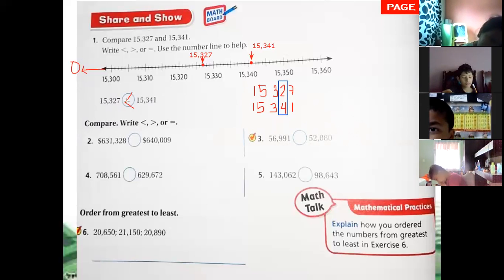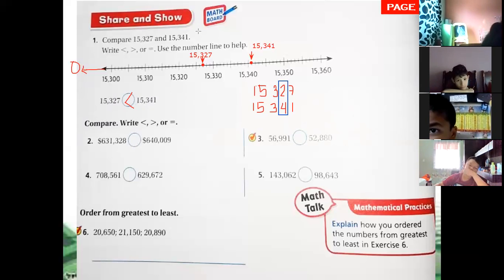Because when I ask what is the relationship between these two amounts, one student says that the first amount is greater than, and it's not greater than, it's less than, because 2 is less than 4. These others, we don't take into account because they are equal. We need to find the numbers that are different. So the first amount is less than.